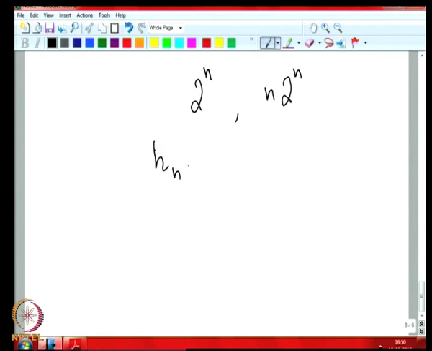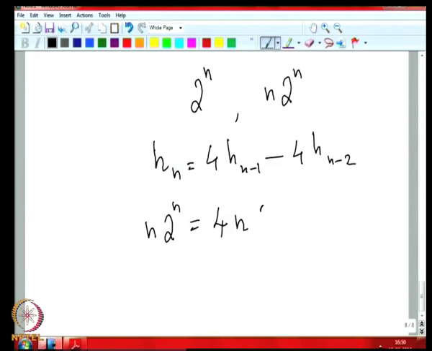Here hn equals 4 times hn minus 1 minus 4 times hn minus 2. So, we have n times 2 raised to n equal to 4 into n minus 1 into 2 raised to n minus 1, minus 4 into n minus 2 into 2 raised to n minus 2.